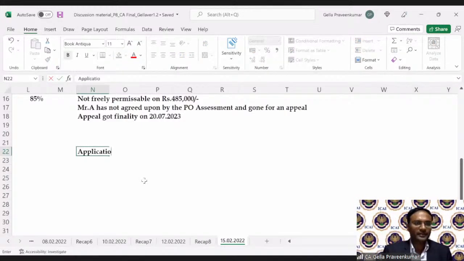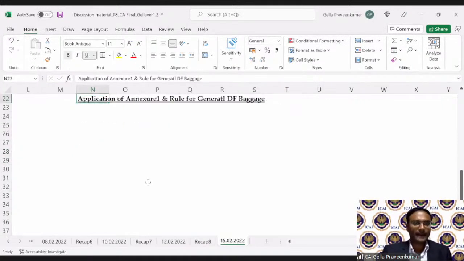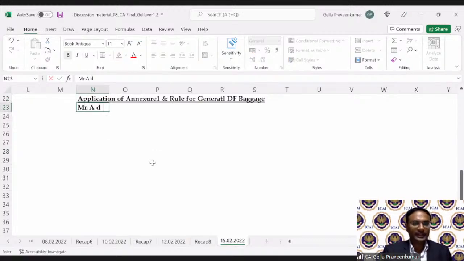Application of Annexure 1 and Rule 3 for general duty-free baggage. Mr. A declares the below information on return from Singapore under section 77.